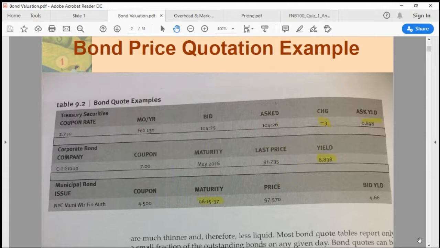Of course, if it is issued by the Treasury Department, it's called Treasury Securities, as a collective name. Corporate bonds are issued by corporations. And if it is issued by the municipalities, it's called municipal bonds.